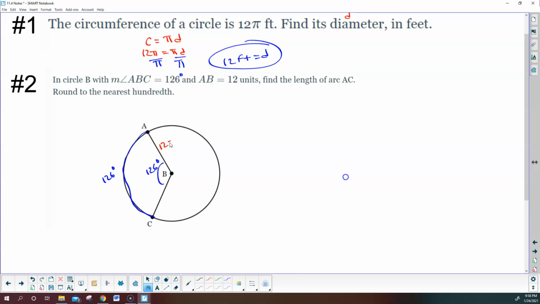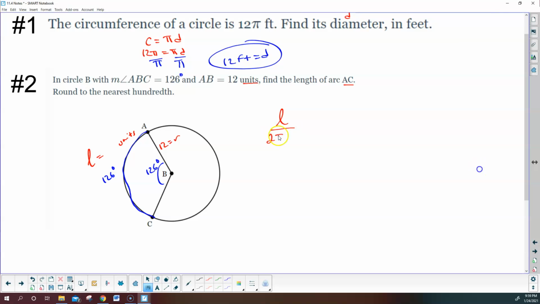AB is the radius. Find the length of AC. So they're asking us to find L. And we know that this answer is going to be in regular units. If they had said feet, we'd say feet, but they didn't.